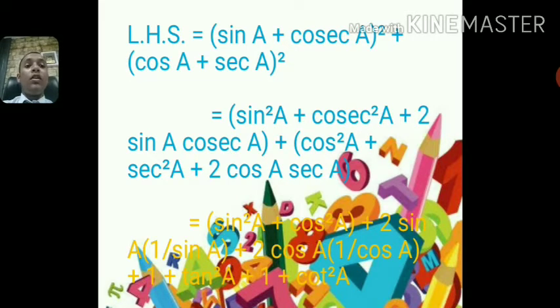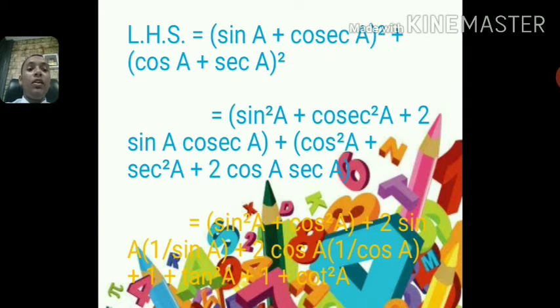Opening the whole square of these two, we get, of the first bracket, sin square a plus cosec square a plus 2 sin a into cosec a, plus in the next bracket cos square a plus sec square a plus 2 cos a into sec a. Here the brackets close.